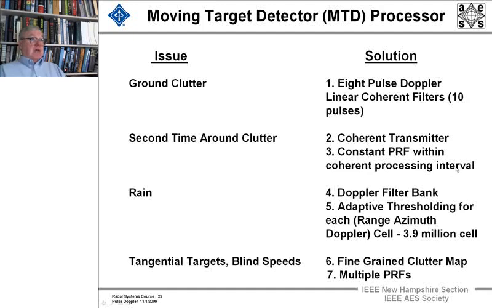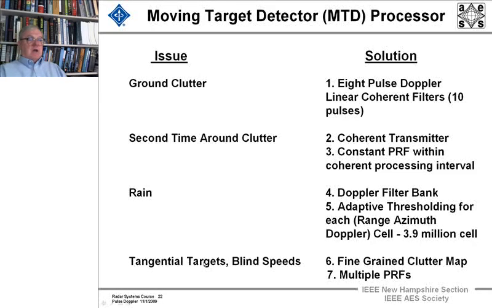That means no staggered PRFs. We handle rain with a Doppler filter bank, and we adaptively threshold for each range azimuth Doppler cell, 3.9 million cells. In the example before, it's about 5, I have to say, but it's about 3.9. It depends on which version of different radars, how they're divided up. But the order of 4 or 5 million cells.